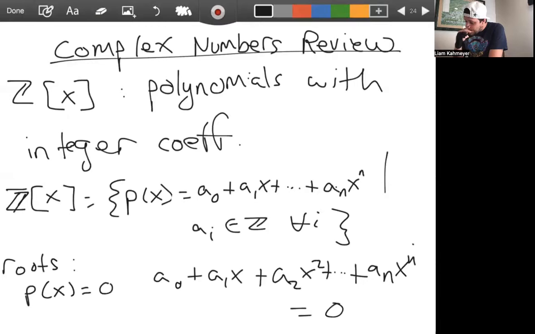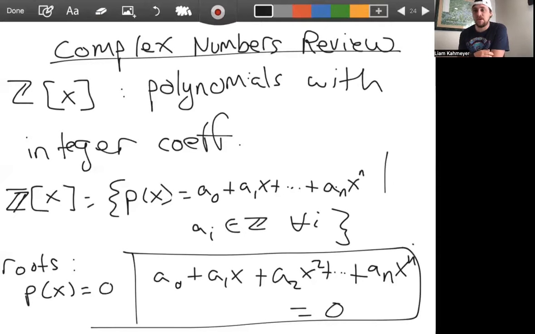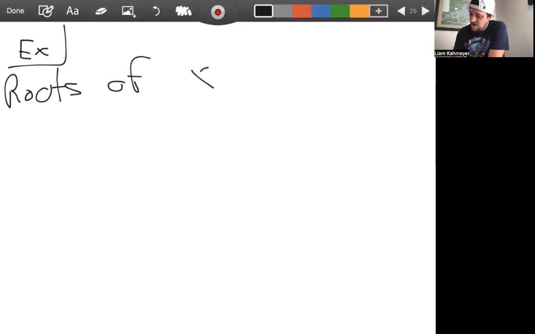But what will turn out is that the real numbers are not a big enough field to contain all roots of a given polynomial, even one with purely integer coefficients. For example, if you were to look at just what are the roots of x squared plus 1 equals 0, right?